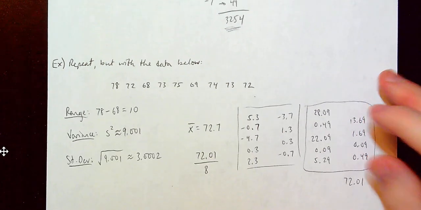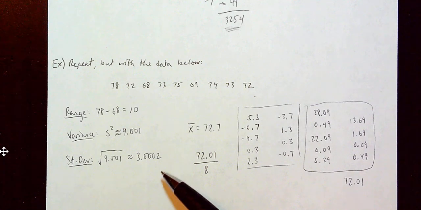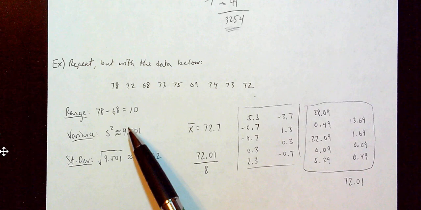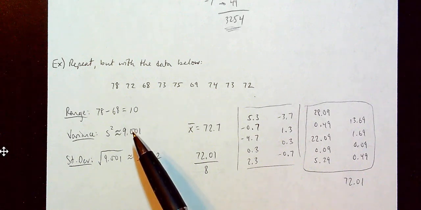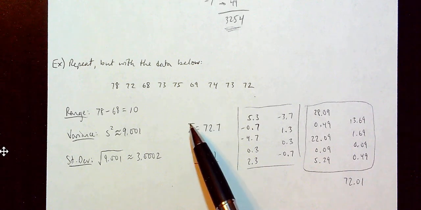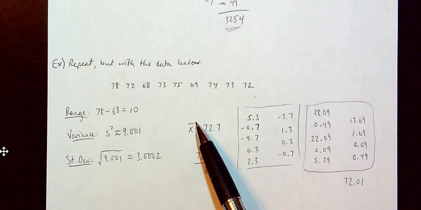And the variance and the standard deviation did exactly what we thought they were going to do for this particular problem. We saw that there was a much smaller range between the largest and smallest values in this set of data.